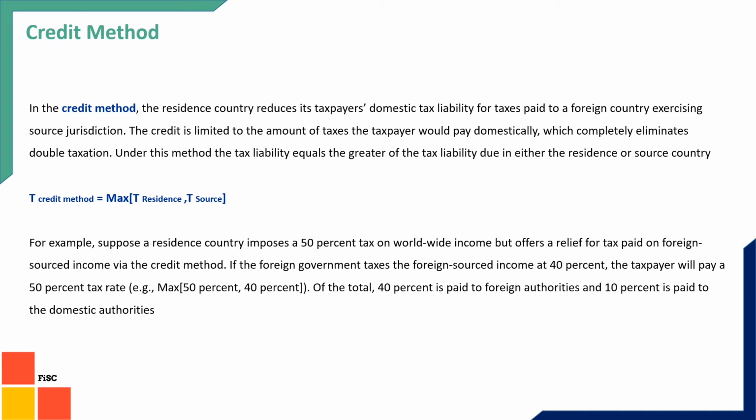Suppose for example the resident country imposes 50% tax and the source country has a 40% tax on the income. So what happens is that the resident country will consider that you have already paid 40% to the foreign country from where the income is generated, and they only charge you the rest of the 10% because you are the citizen of that country. So that's called credit method.